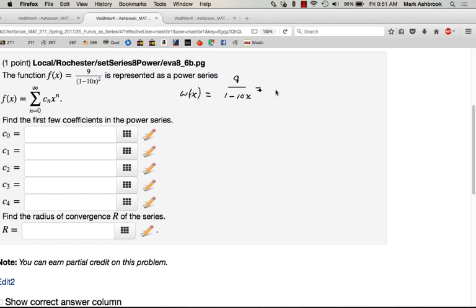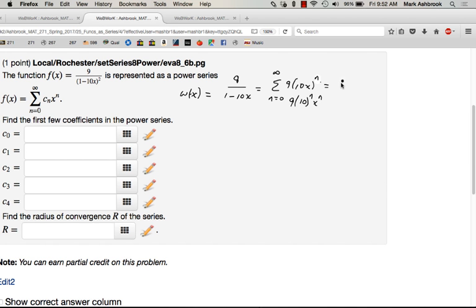So that's going to be the sum from n equals 0 of a times, this time it's just positive 10x, right, to the n. And if we want, we could do 9 times 10 to the n, x to the n. Either way, same thing.